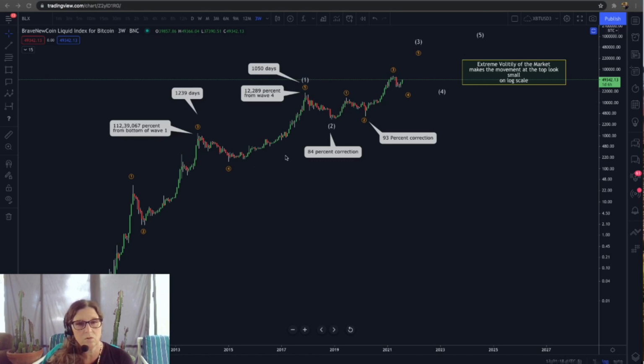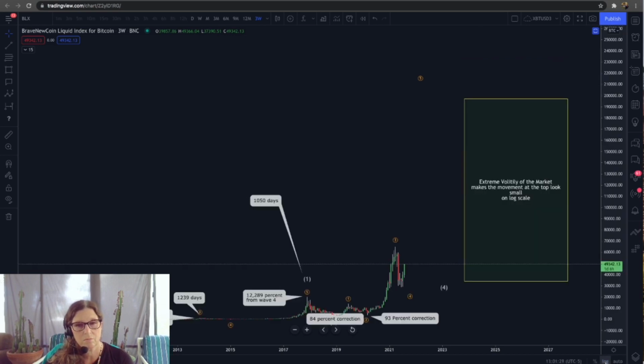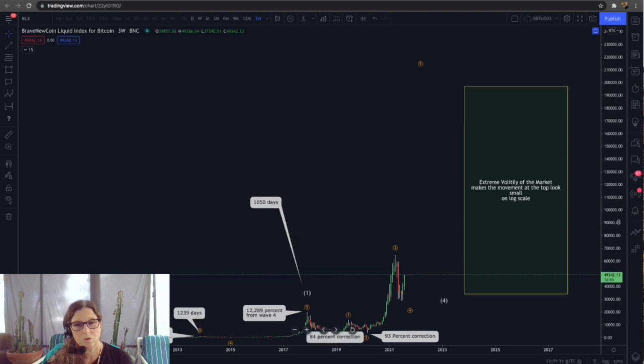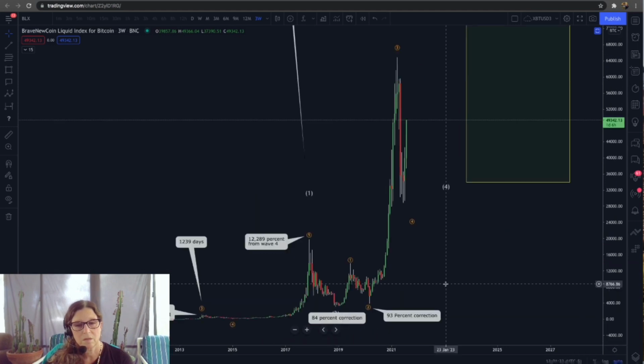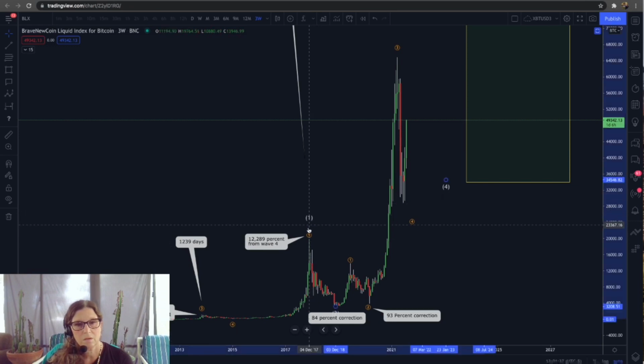When you look at how long this looks, you're probably thinking to yourself, well, why is this so bunched up like this? If you get off of log and you go to linear, you can totally see that this is why I'm labeling it this way. This looks like a 1 wave, 2 wave.